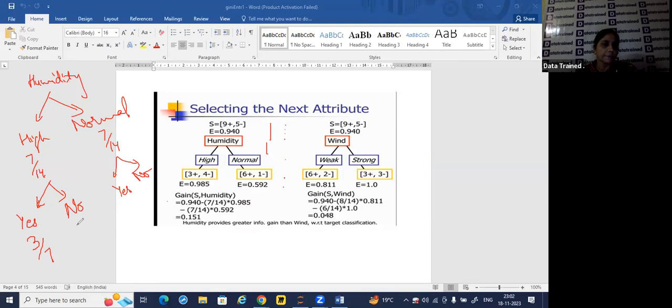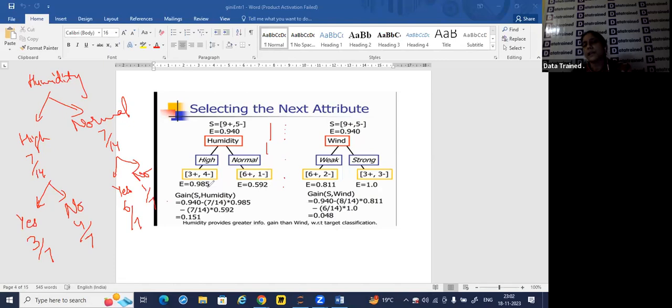And 4 by 7 the person had not gone out to play. In the normal case, 7 times it happened. 6 times the person has gone out to play, and 1 time the person has not gone out to play.